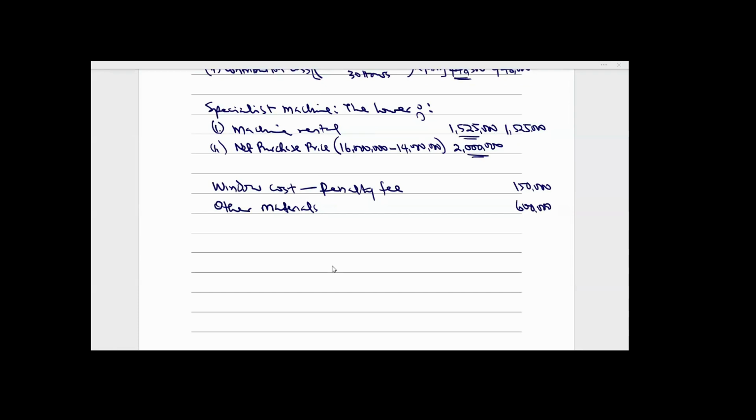Irrelevant. Why? Because it's a fixed cost that we pay to the construction worker. I think it's a fixed cost. So because it's a fixed cost, is that why it is not relevant? And the construction workers are under the payroll of the company.